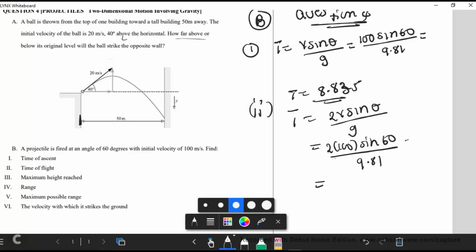Then your answer will be something like 17.66 seconds. Then the other one is what we call the maximum height.